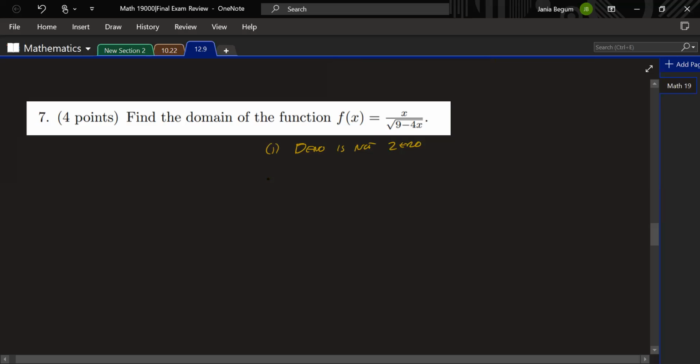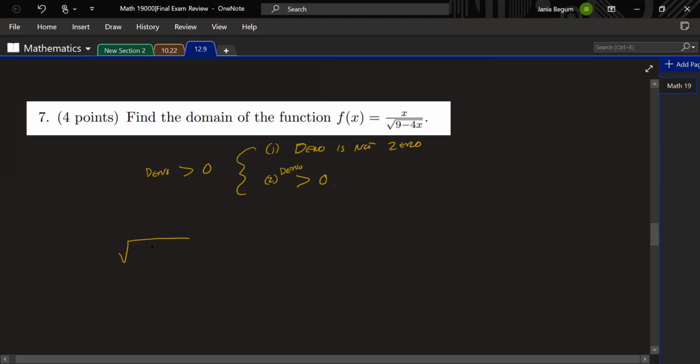And we also have to consider that it's greater than 0. So the denominator is greater than 0. To put the two conditions together, we can just take the denominator and set it greater than 0. That will fix the problem for 1 and 2.